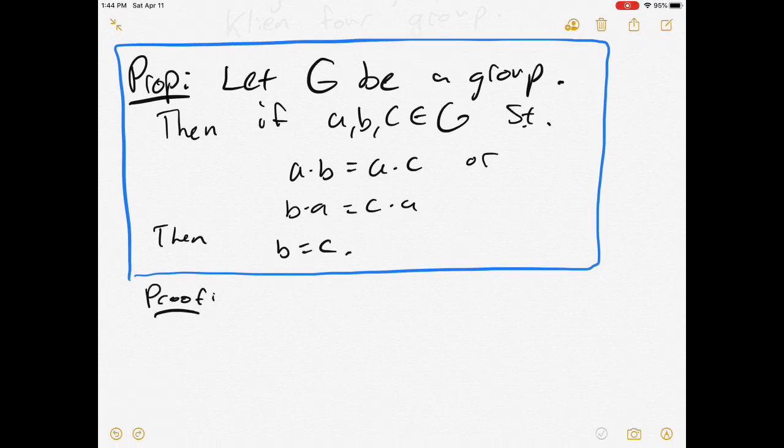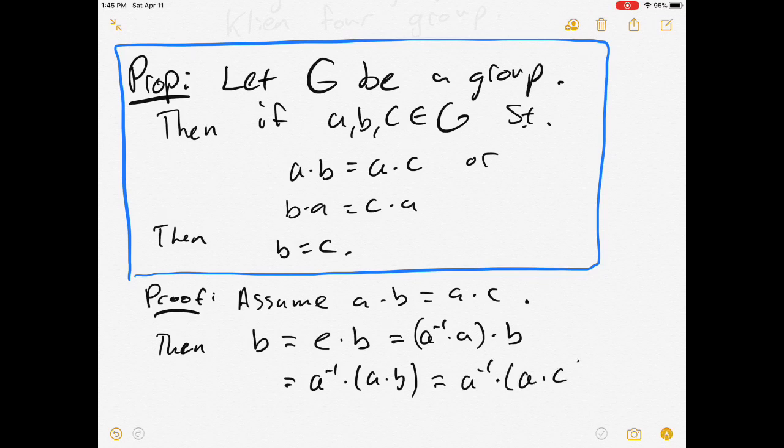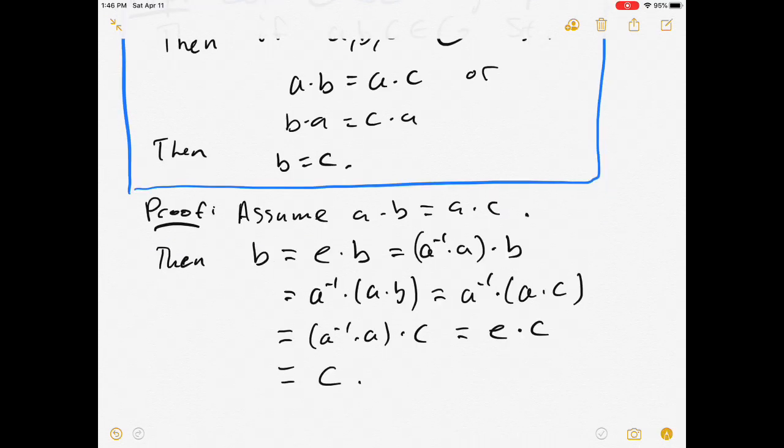Proof. Assume that A times B is equal to A times C. Then B is equal to the identity element times B, which is also equal to A inverse times A times B. By associativity, this is equal to A inverse times A times B. By hypothesis, this is equal to A inverse times A times C. We have again by associativity that this is equal to the quantity A inverse times A times C, which is equal to E times C, which is equal to C. Again, E is the identity element.